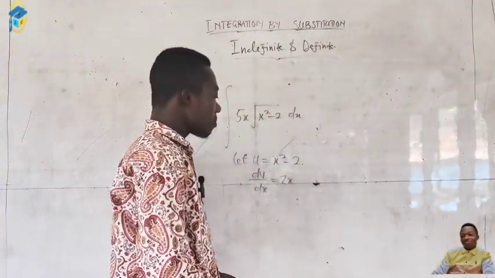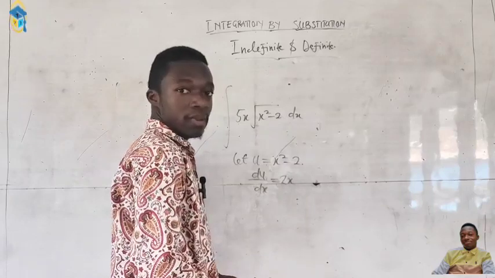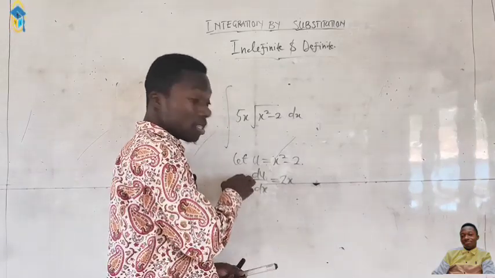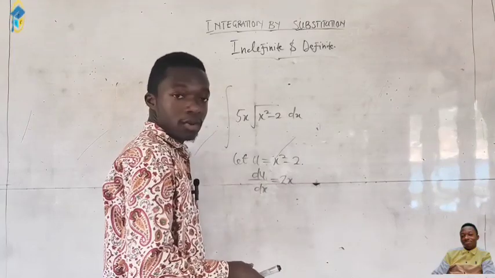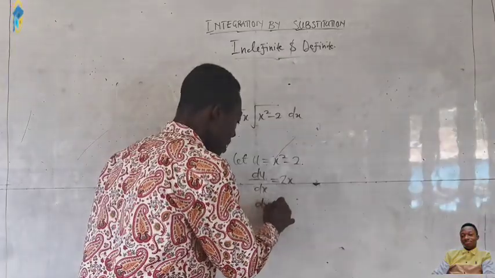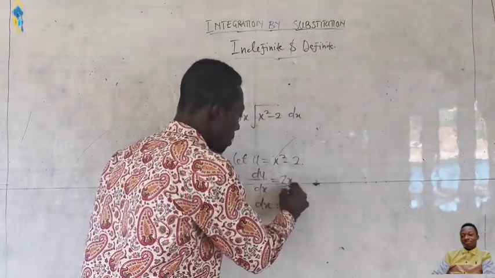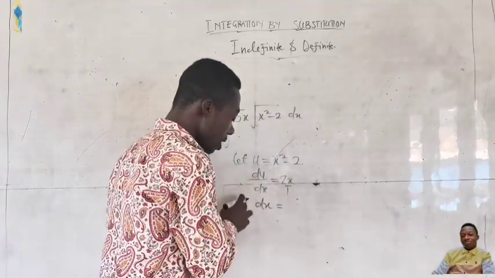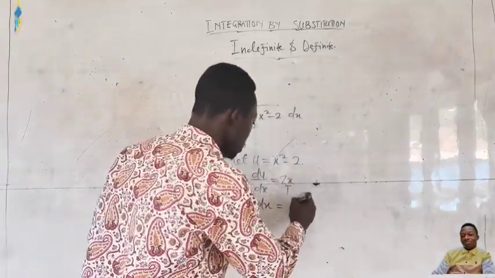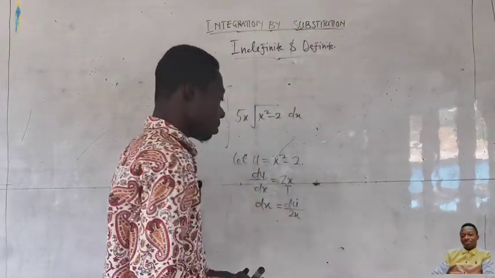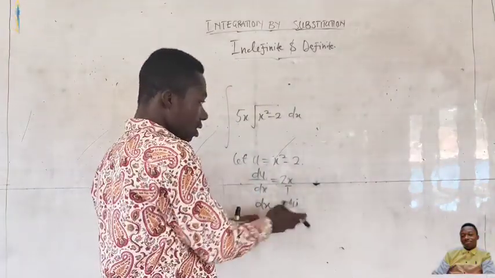Because this is integration by substitution, we make dx the subject, and I'll tell you the reason why. Making dx the subject, dx is equal to du over 2x. Once you get this, that is fine.